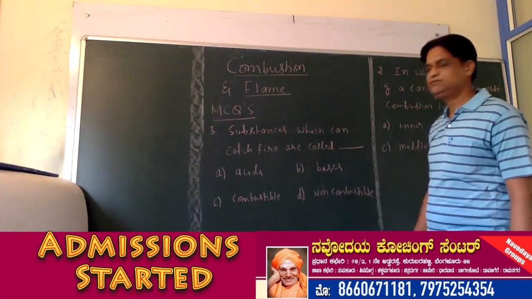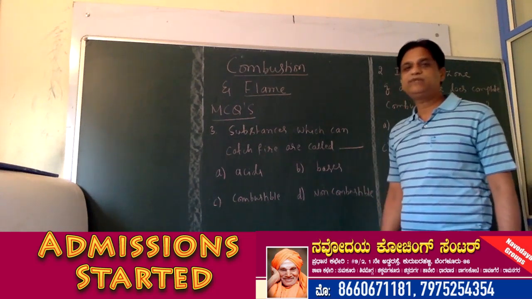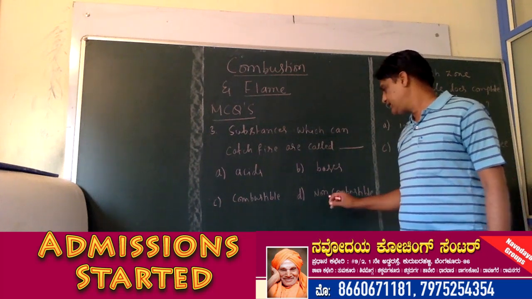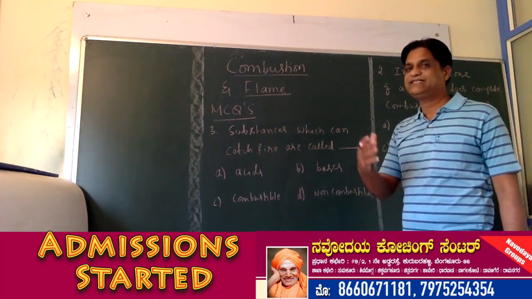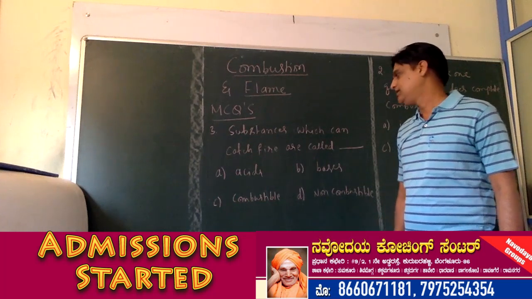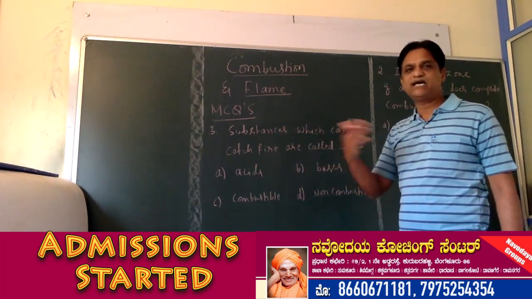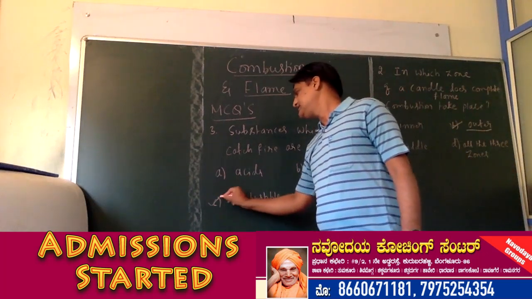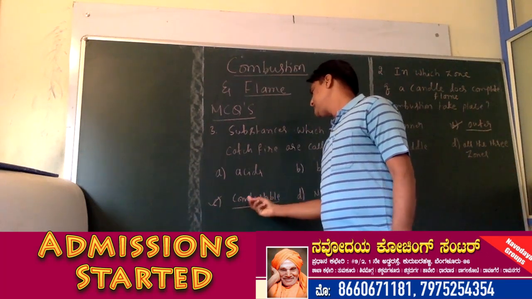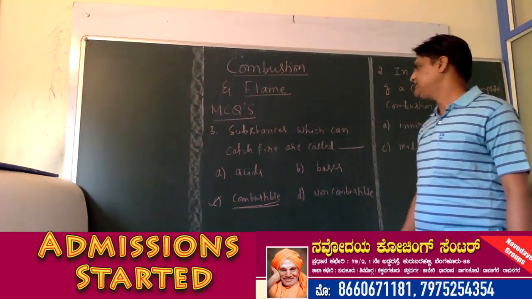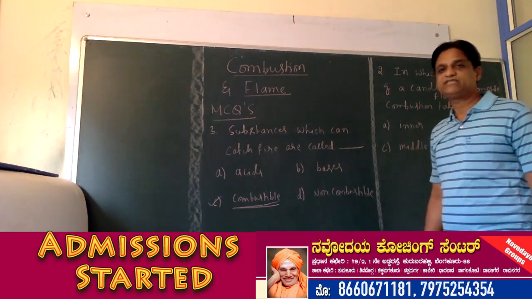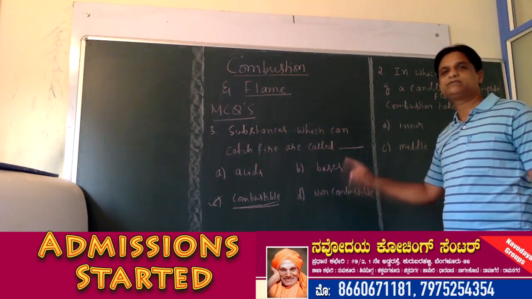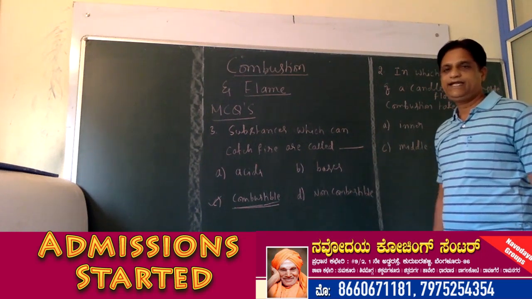Very easy question. Combustible materials catch fire on burning, whereas non-combustible materials do not catch fire on burning. Acids and bases are different types of chemicals. So the answer is combustible. Combustible substances catch fire when heated. Non-combustible substances do not catch fire on heating.